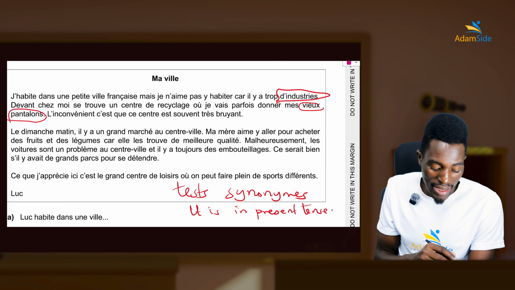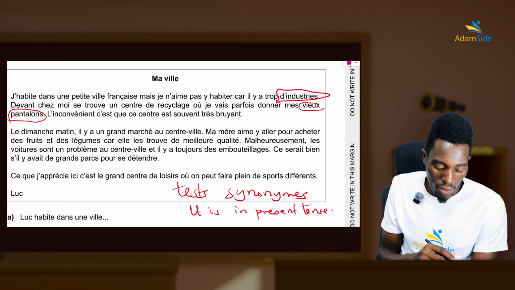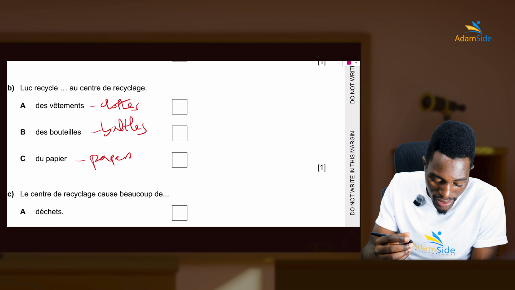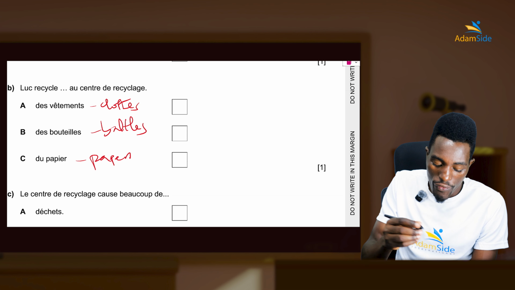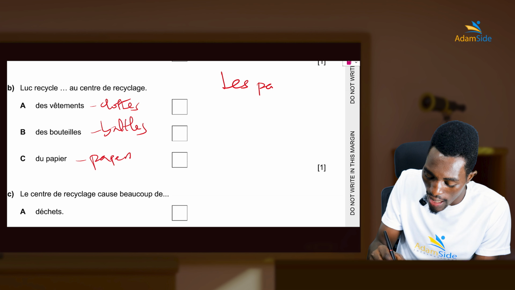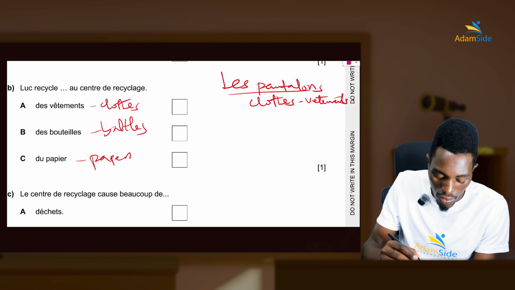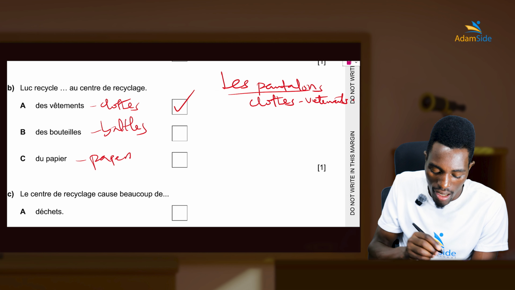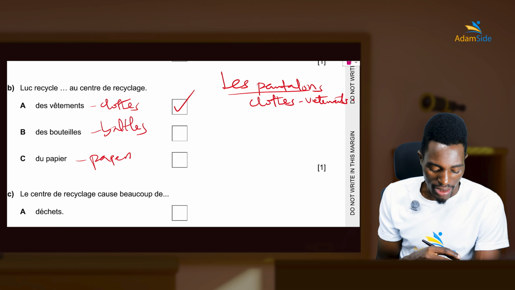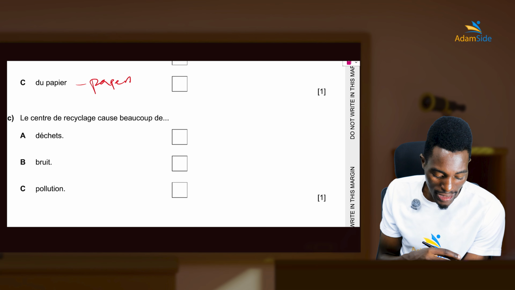So the industry is for clothes. La réponse, ça sera des vêtements. Les pantalons is clothes. Qui sont les vêtements? Vêtements. So the correct answer is A. So I have to put a tick. Then I go to question C.